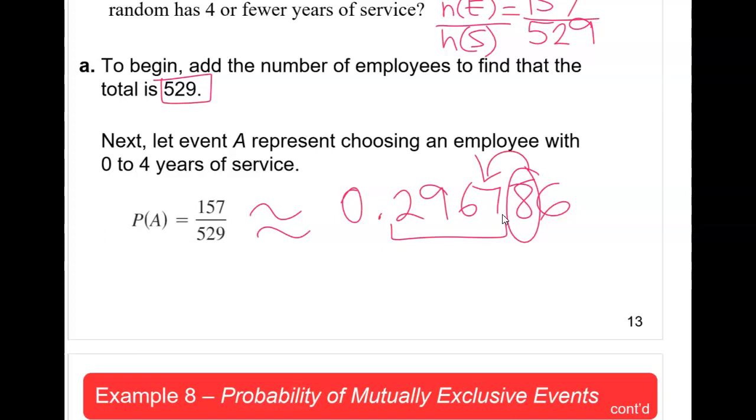So if that 5th digit is 5 or higher, it will cause the 4th digit to go up by 1. And so in this case, it will be 0.2968. And that will be the answer. So just be careful on how you round.